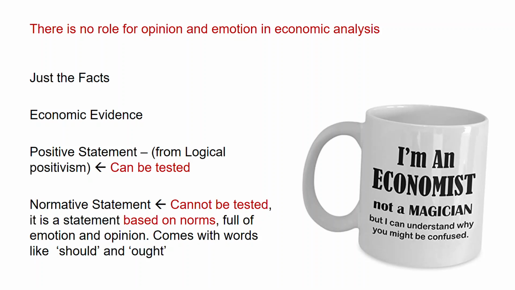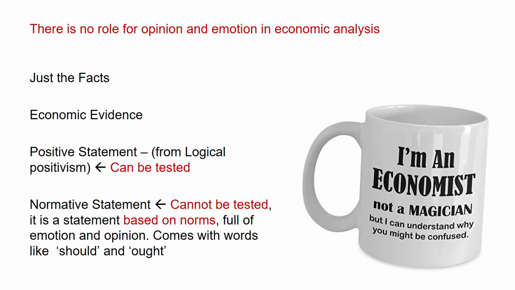Now, a normative statement can't be tested because it's based on norms. And certainly you can test it against your own norms, but that defeats the purpose. For example, if you're very conservative, your set of norms is going to be very different than if you're very liberal. If you're very religious, your norms are going to be different than if you're not religious, and so forth and so on.